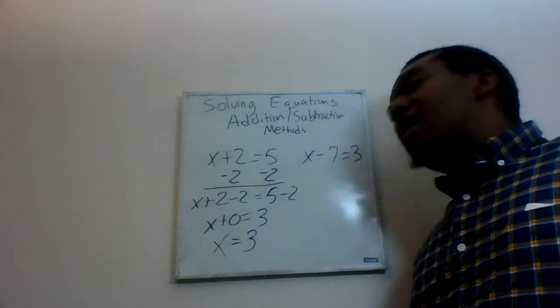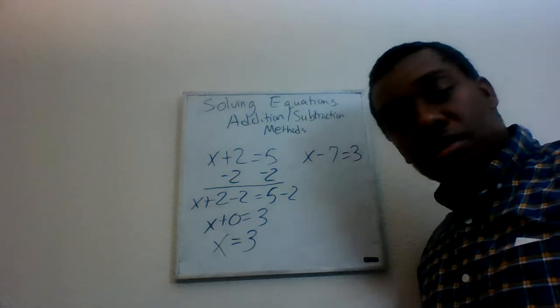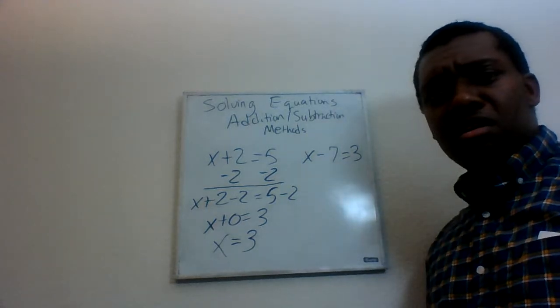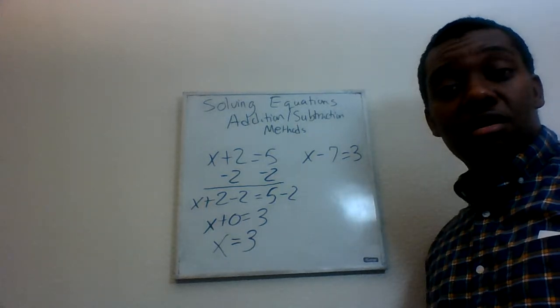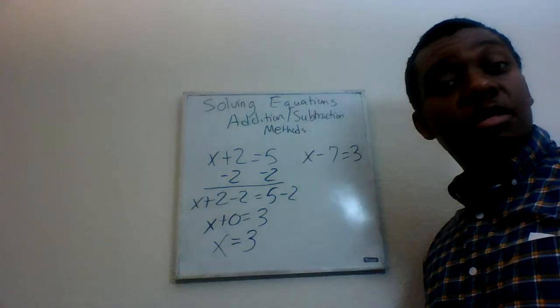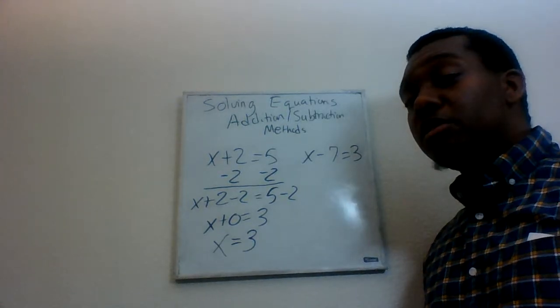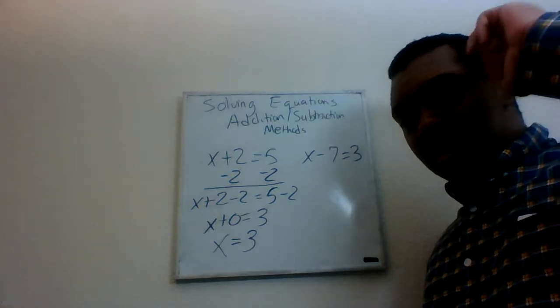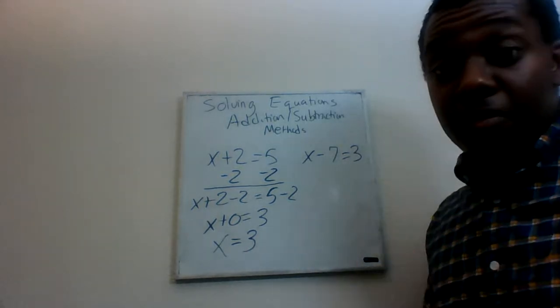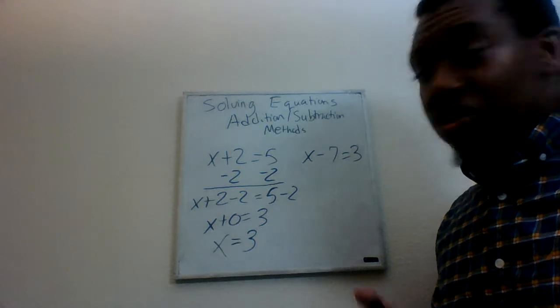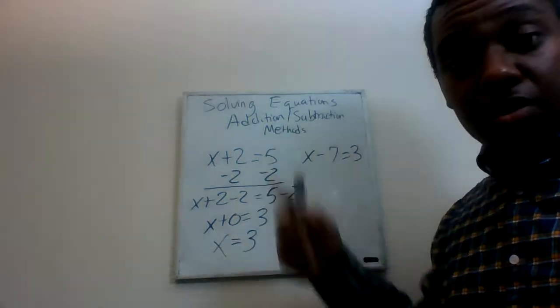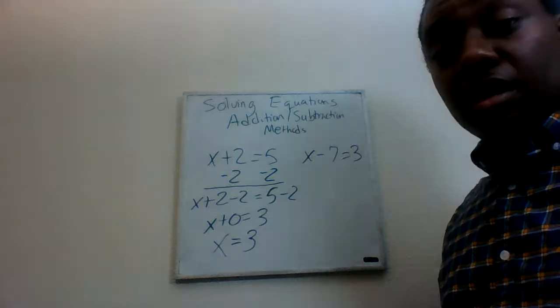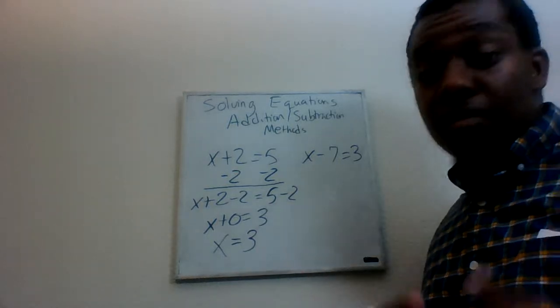Many of you probably were like, oh, I already knew that from the beginning of the problem. How'd you know that? Because you knew that some number plus 2 had to equal 5, and the only way that's possible is if that number is 3. You did algebra up here based off of a number fact, because you know that 3 plus 2 has to equal 5, so therefore x must be 3 because that's the missing part of the number fact that you know.